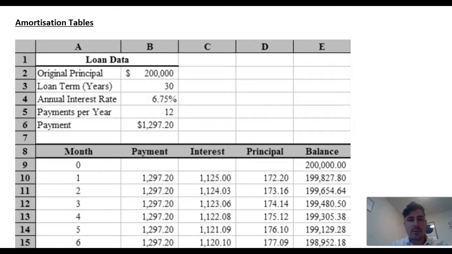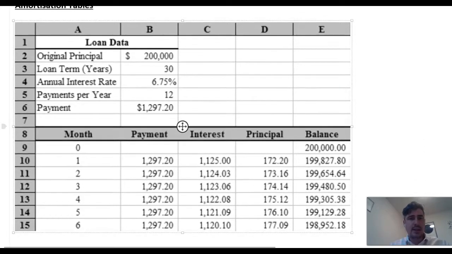And the payment amount, so this is usually calculated at the beginning of a loan, and they'll recalculate it each year as the interest changes. So usually that stays steady for a year, and then as the interest rate changes with the government's changes, they will adjust your payments accordingly.